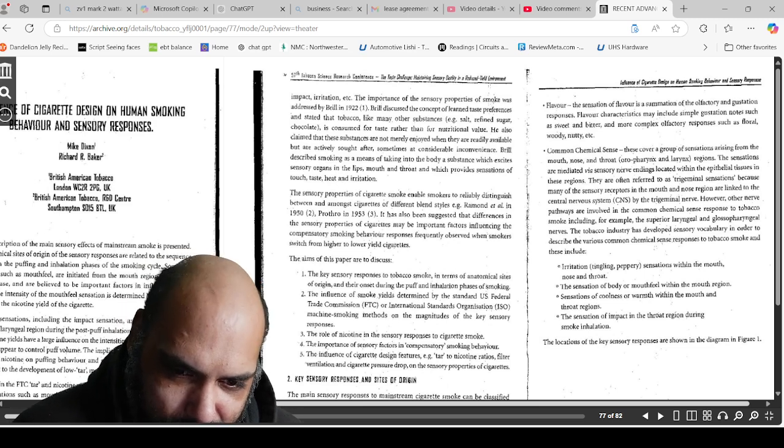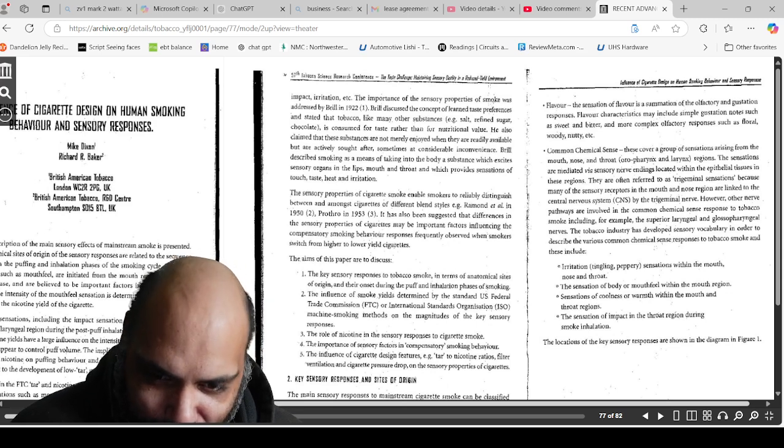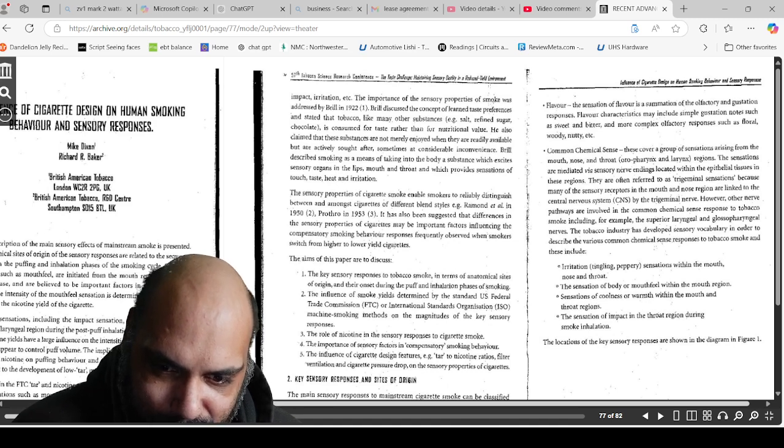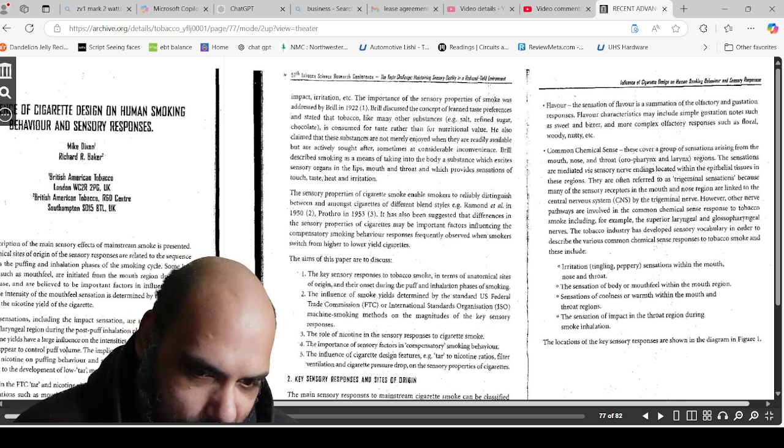The importance of sensory factors in compensatory smoking behaviors. Number 5. The influence of cigarette design features (tar to nicotine ratio, filter, ventilation, and cigarette pressure drops) on sensory properties of cigarettes.